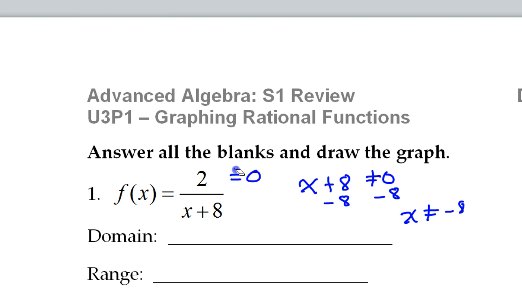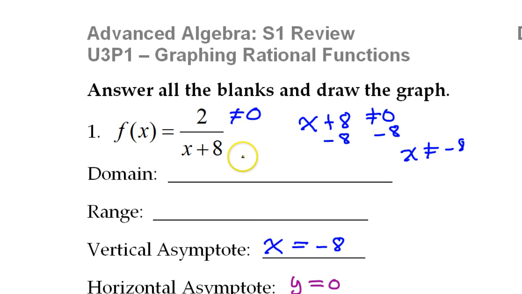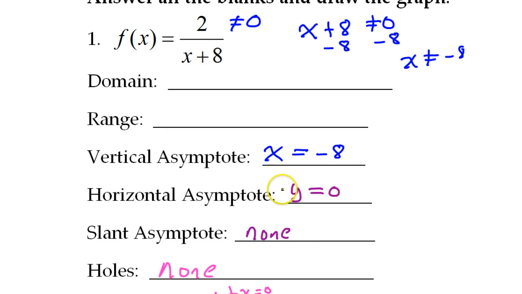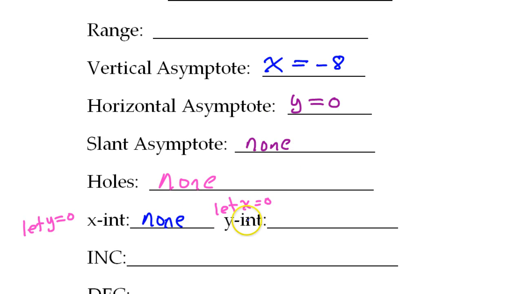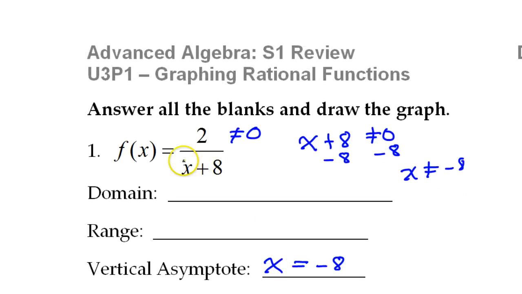But there is no x there. So all I have is 2 equals 0, which is a ludicrous statement. 2 does not equal 0. And again, that means that there is no x-intercept. Now, anyway, on to the y-intercept. For the y-intercept, we let x be 0. In other words, we plug in 0 and see what we get.